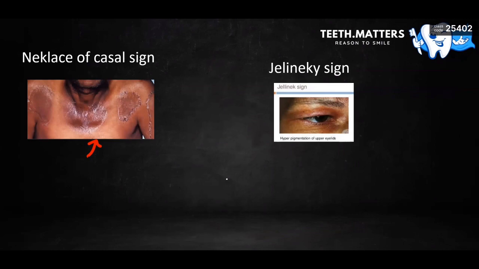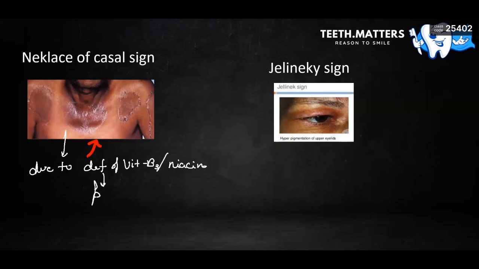The necklace can extend as a broad collar-like band around the entire circumference of the neck, and it is due to deficiency of vitamin B3, also known as niacin. Vitamin B3 deficiency leads to the disease pellagra. So it is basically seen in pellagra.